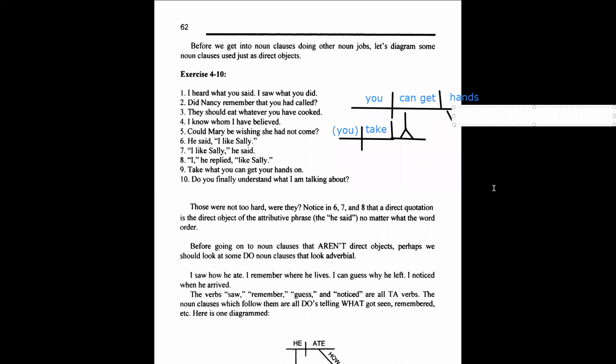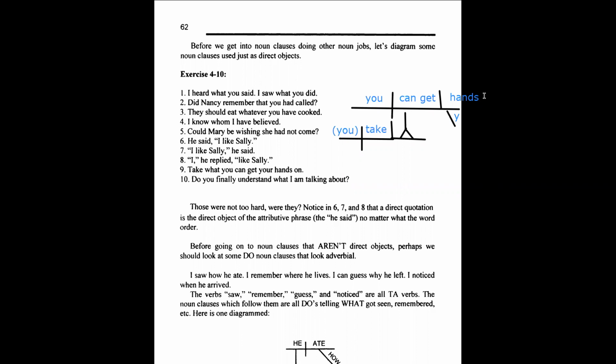Now, what about on? Looks like a preposition just on its own. What's it modifying? Well, here's a better question at first. Where's its object? Where's the object of the preposition?